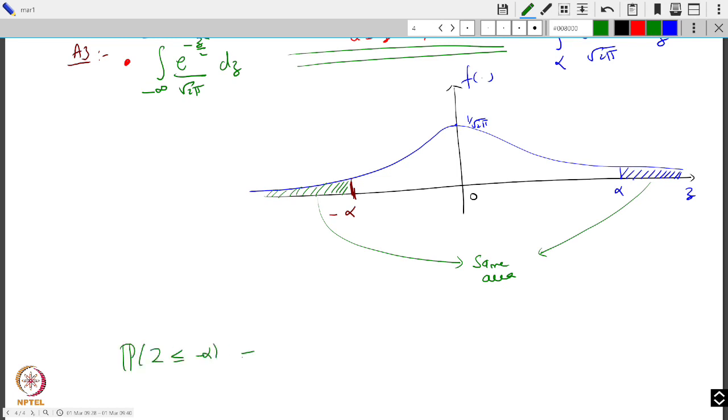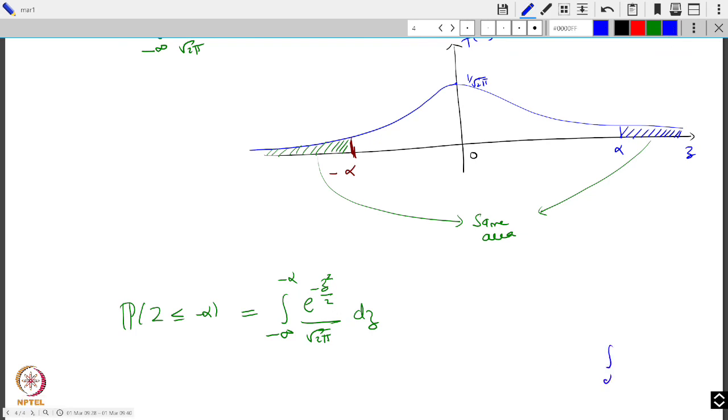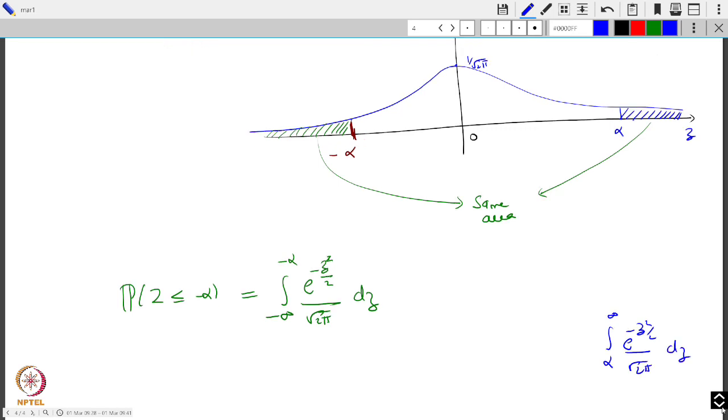That is the integral from minus infinity to minus alpha of e to the minus z squared by 2 over square root 2 pi dz. That's the green. Now what is the right hand side? I start off with alpha to infinity of e to the minus z squared by 2 over square root of 2 pi dz. That's what I have here.